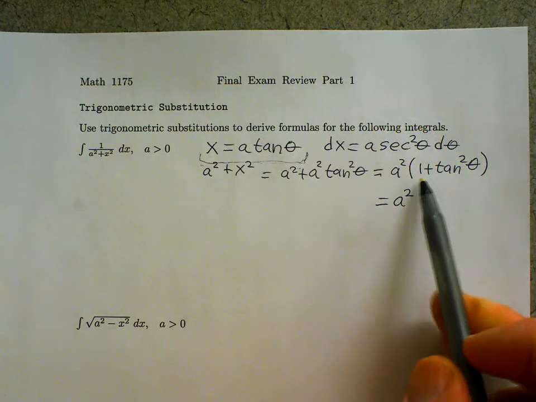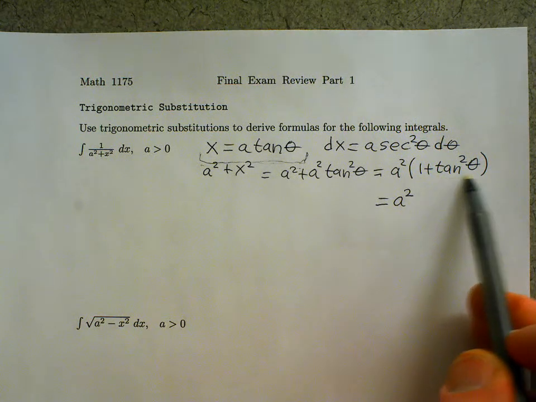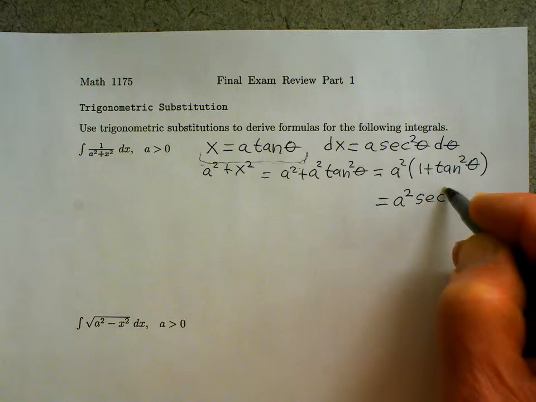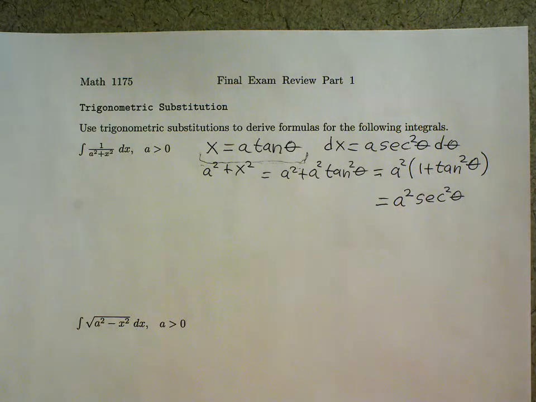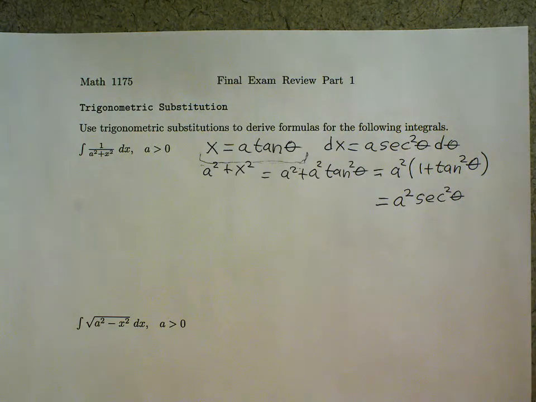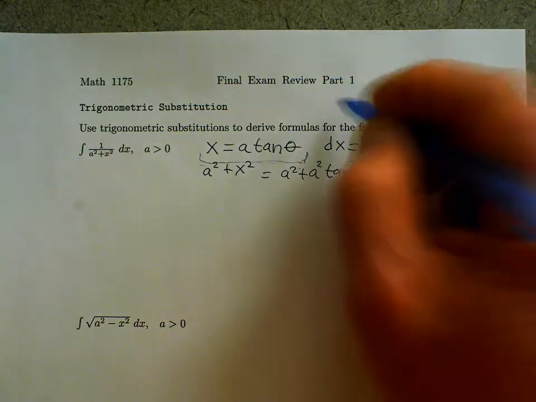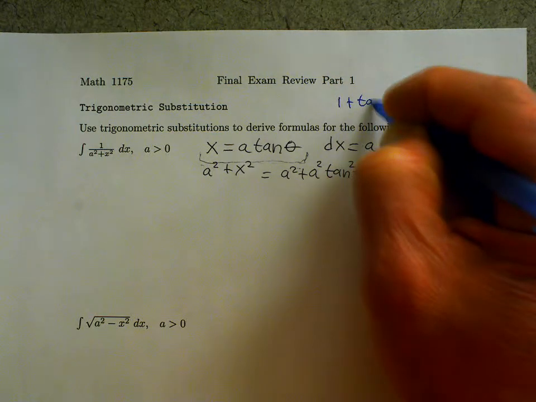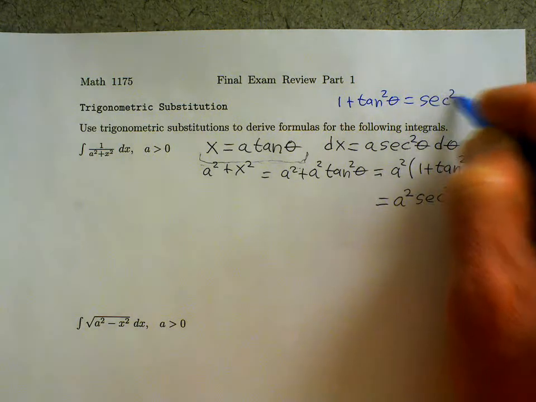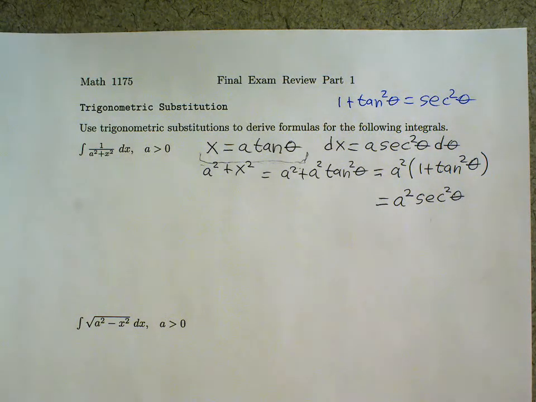And then remember that 1 plus tangent of theta squared is equal to secant of theta squared. So we just used one of the Pythagorean identities: 1 plus tangent of theta squared equals secant of theta squared.